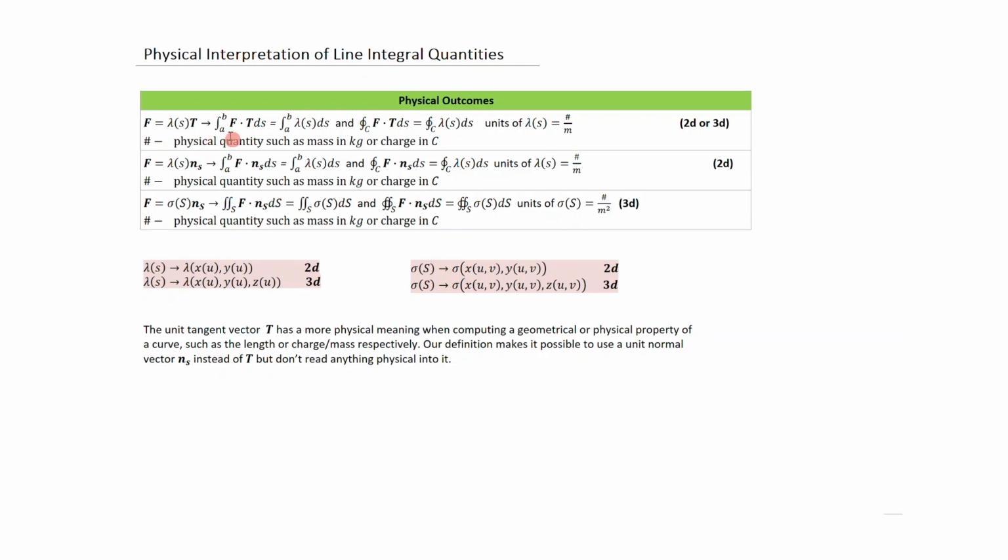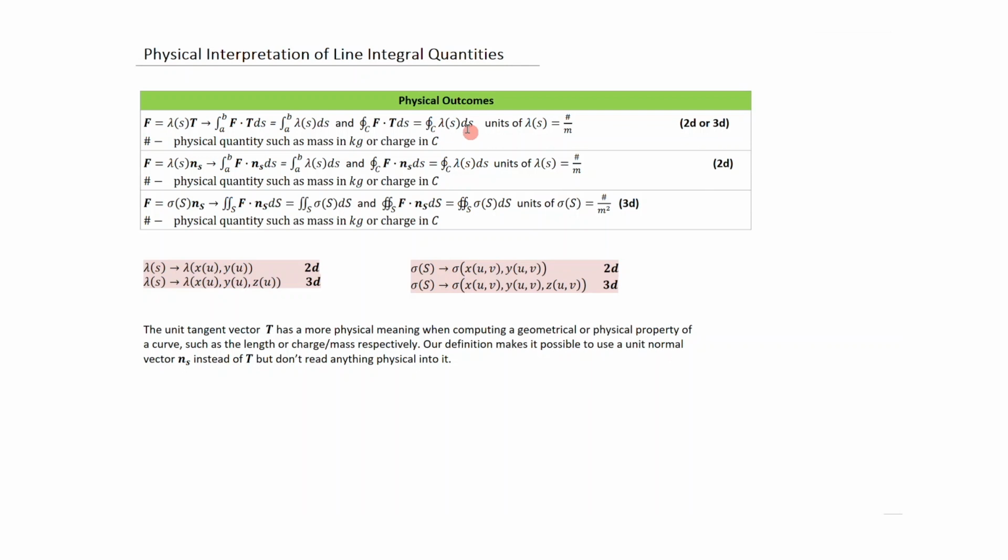So if we then take this partial circulation integral, replace F by lambda(s) T, then the dot product between two unit tangent vectors that are parallel to each other will just give you 1, and so we're just left with lambda(s) ds. If we're dealing with a closed contour of the dot product between these two vectors, this being a circulation integral, then we end up basically with this expression, which would be around a closed contour.